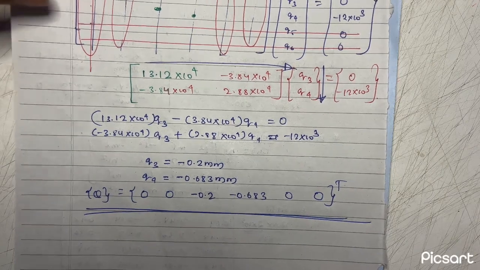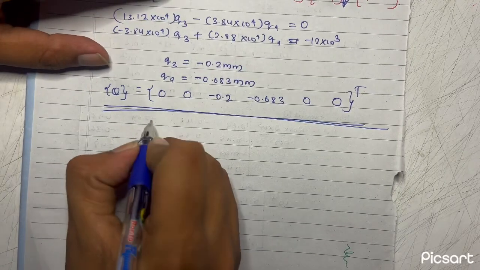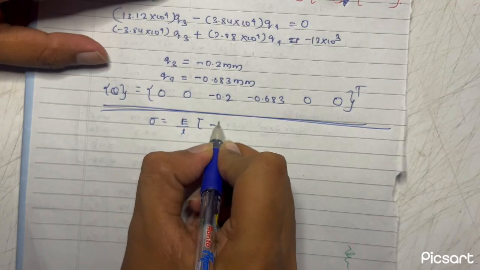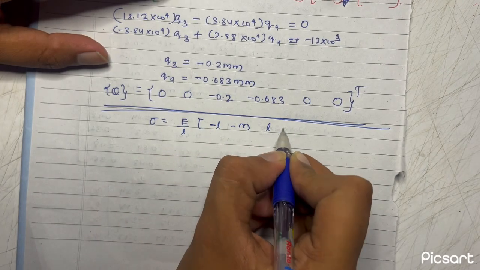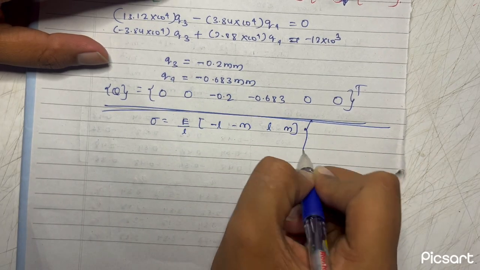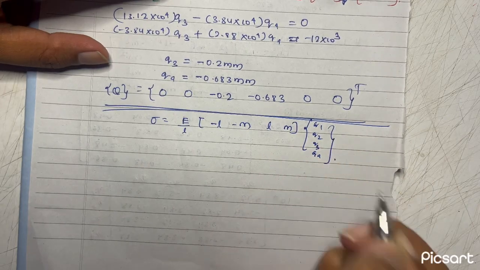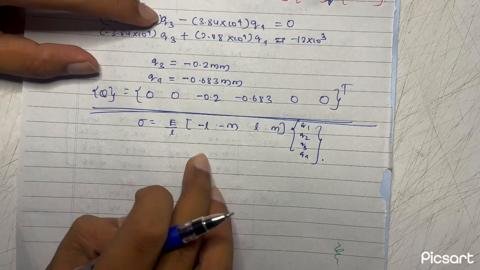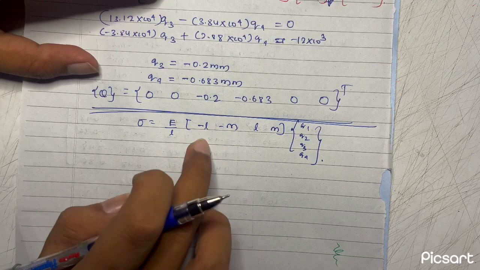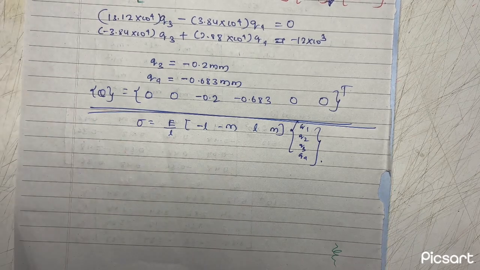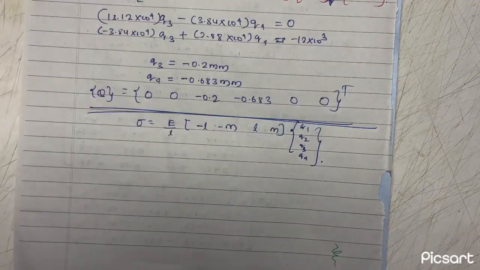Now we have to calculate stress. We know the stress formula, sigma, that is E by L times minus L, minus M, L, M. Here we have to write Q1, Q2, Q3, Q4. We just have to substitute the L and M values with respect to element 1 and element 2 from this table. Here we already constructed one table.